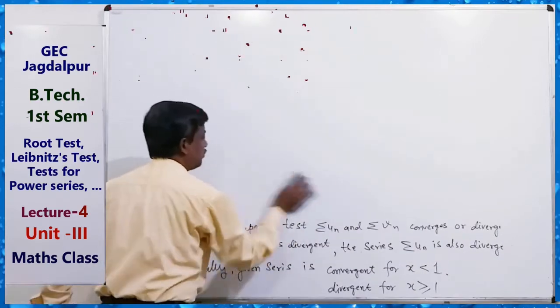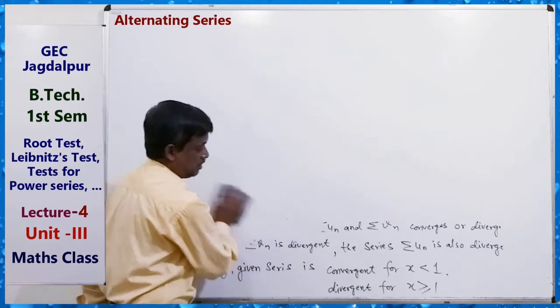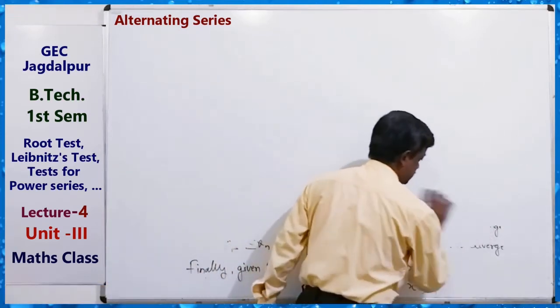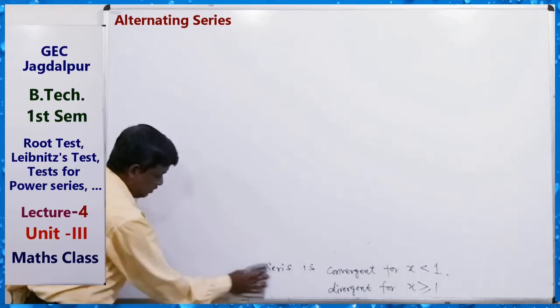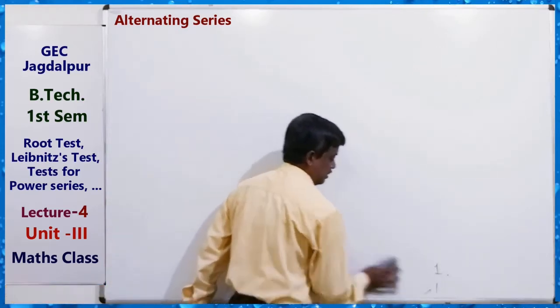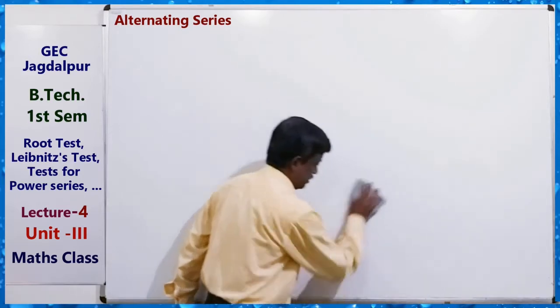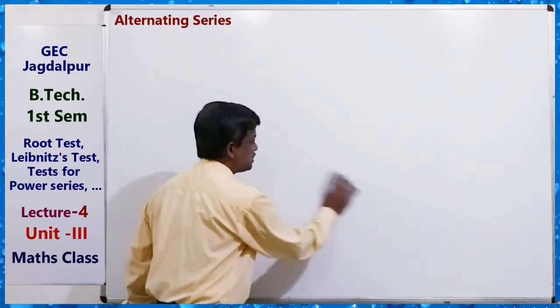If this type of sign is there in the given series, and terms are numerically less than its preceding terms.